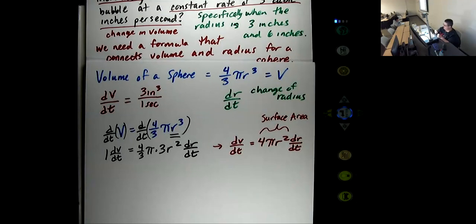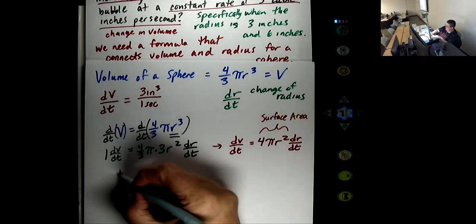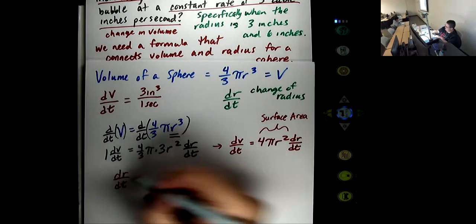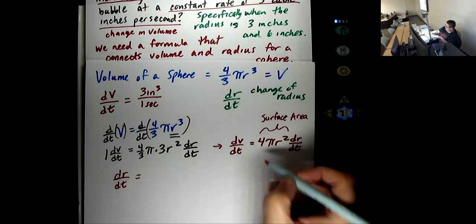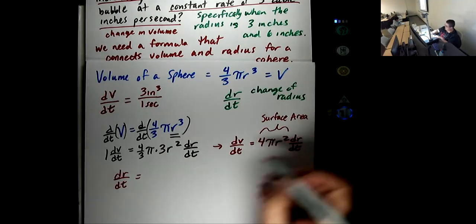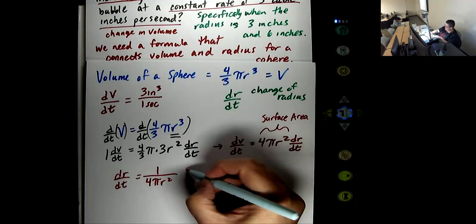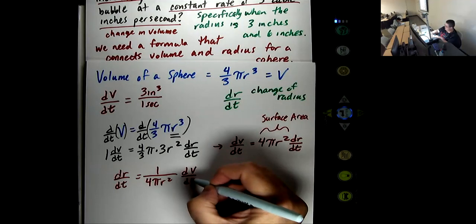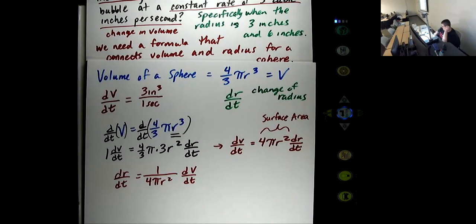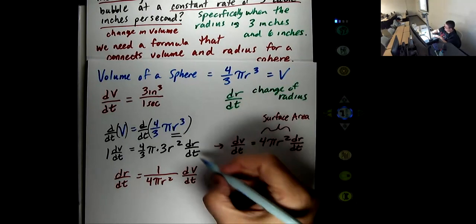Okay, so we want dr/dt. If we wanted to make a general function for dr/dt, we divide by the 4 pi r squared, so dr/dt equals 1 over 4 pi r squared times dV/dt. But dV/dt was a constant. It was not changing. It was 3 cubic inches per second.